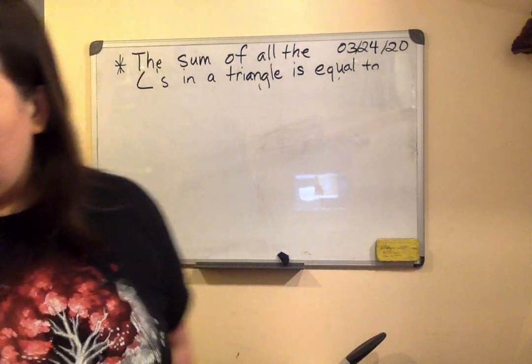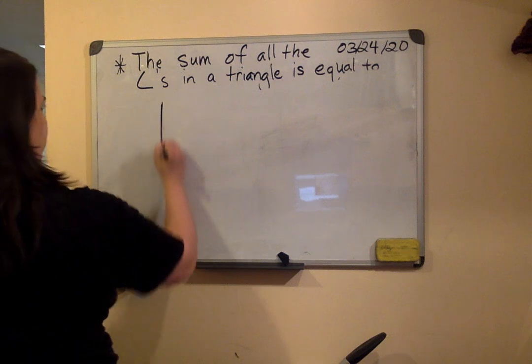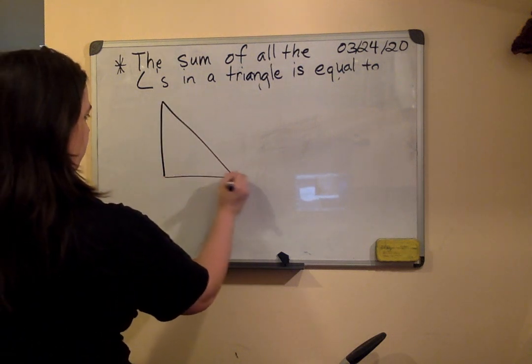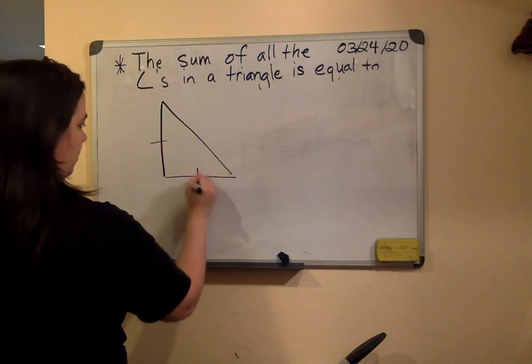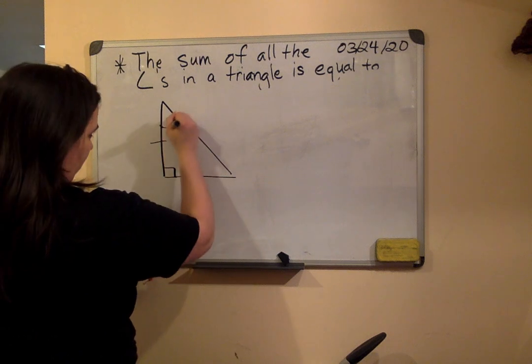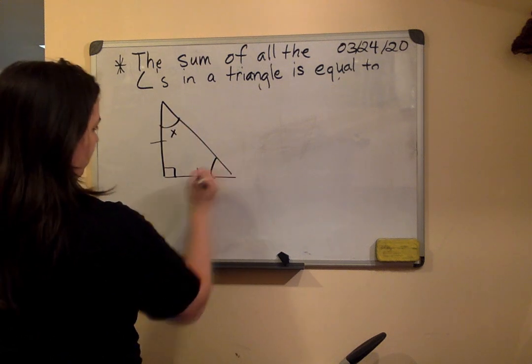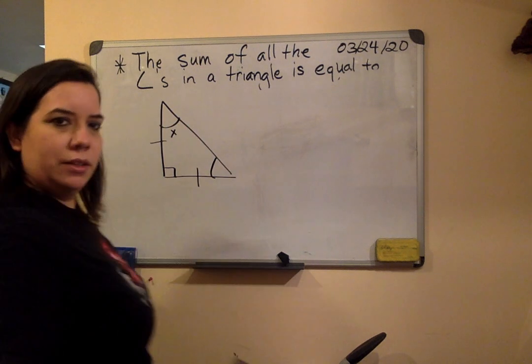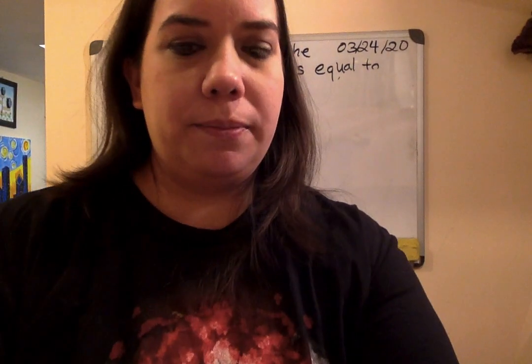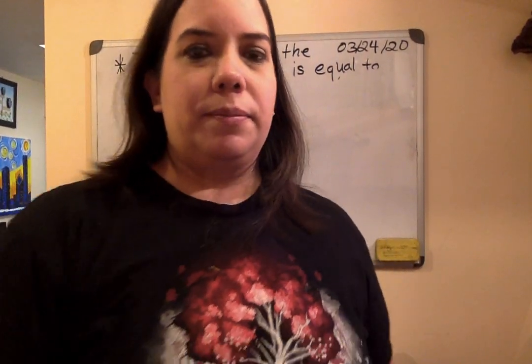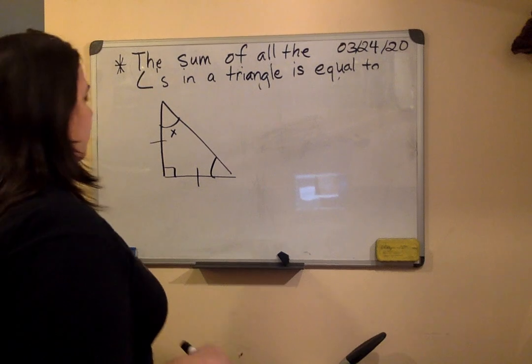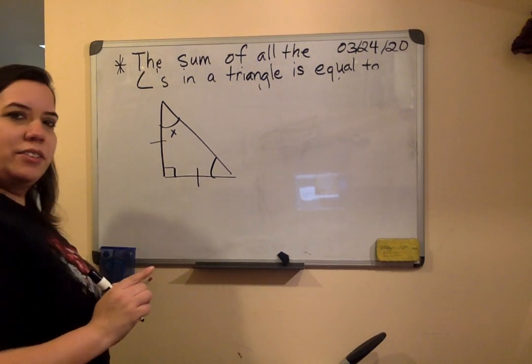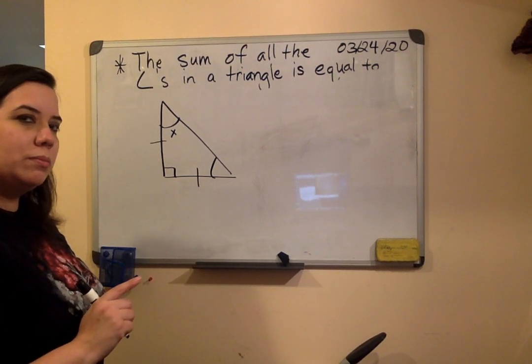So, I'm going to draw that lovely triangle here. This is right. I want to solve for x. So, oops, there goes my computer again. Alright, so, if I want to solve for x, what do I know?